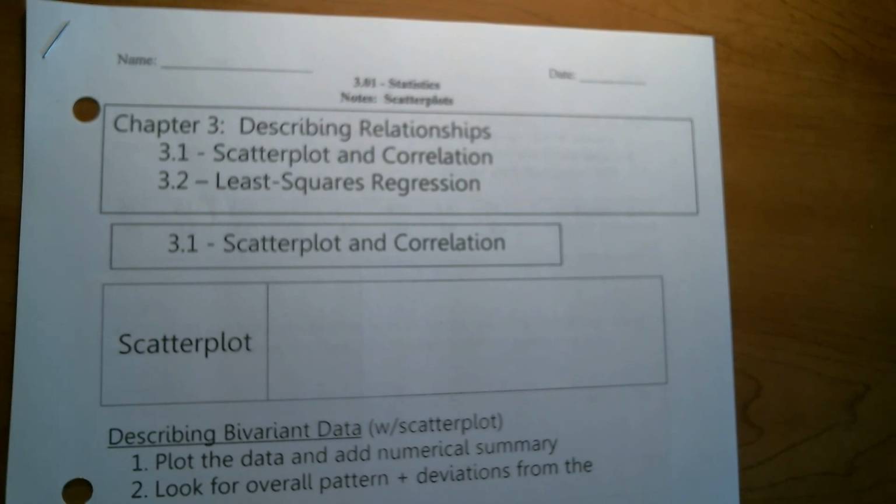Okay. So first things first, we usually start with graphical representations. We've done that in pretty much every unit we've gone through. We start with, how do you graphically represent what's going on here? And when we're dealing with this unit, our primary tool is going to be the scatter plot.